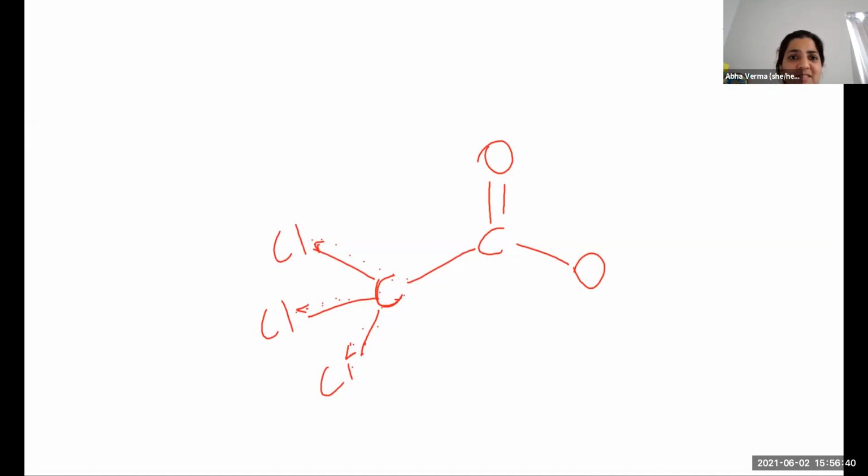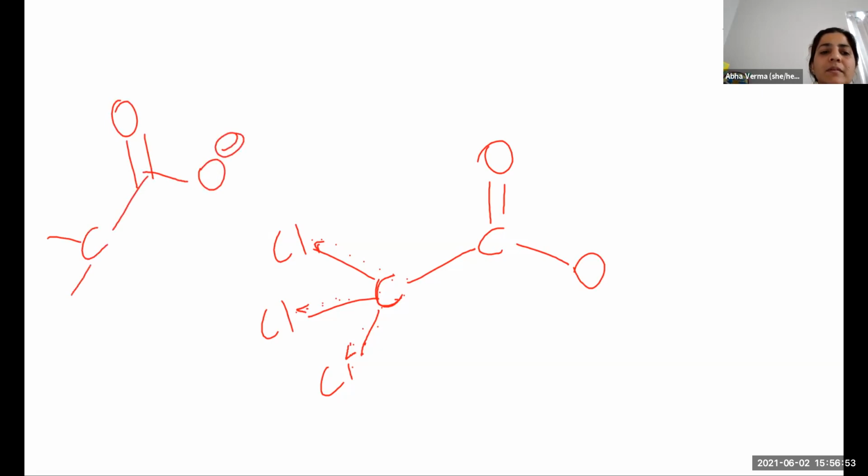Are you still confused? Yeah, so why didn't the other molecule have induction stabilization? Because there is hydrogen. Chlorines are electronegative elements or electron withdrawing groups.